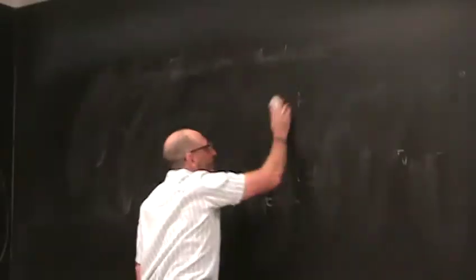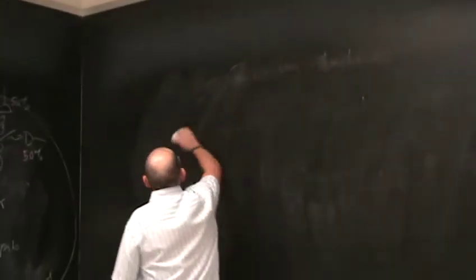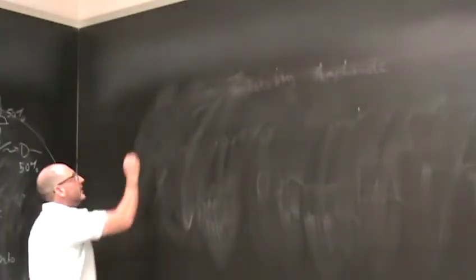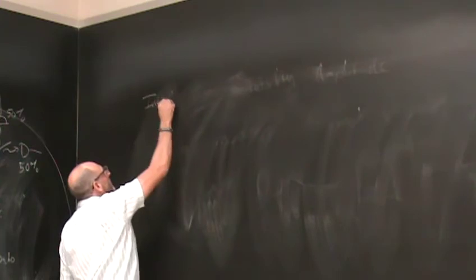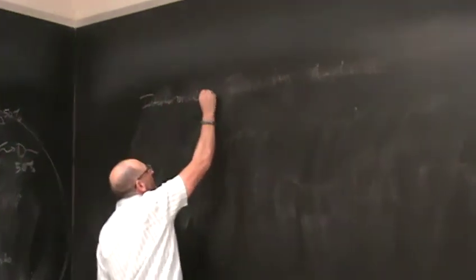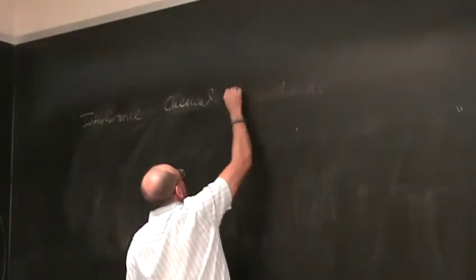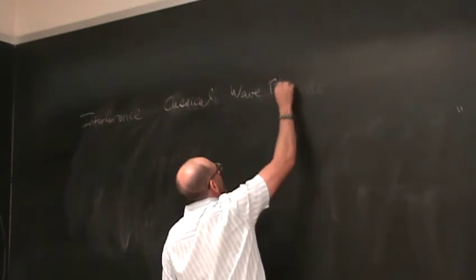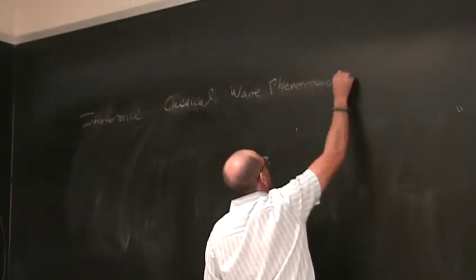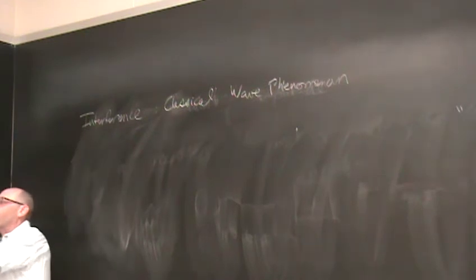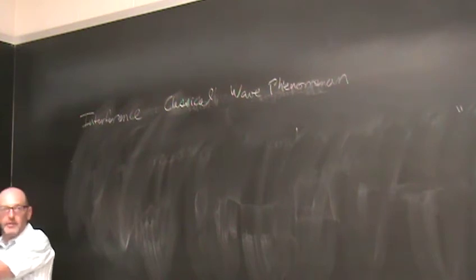We're familiar with the notion of interference from the ideas of classical waves. So if I look at this interferometer, for example, I can think about this as an interferometer that interferes classical electromagnetic waves.